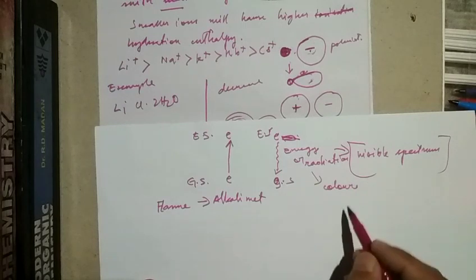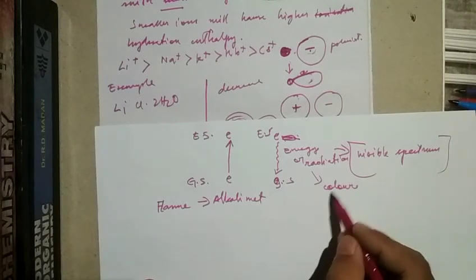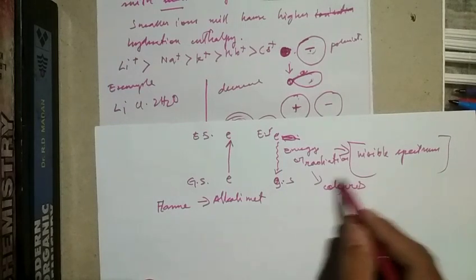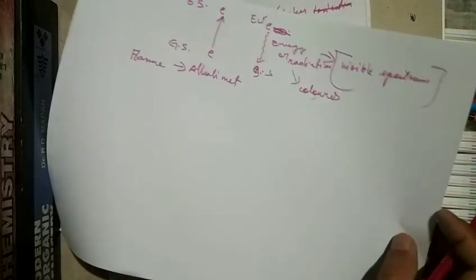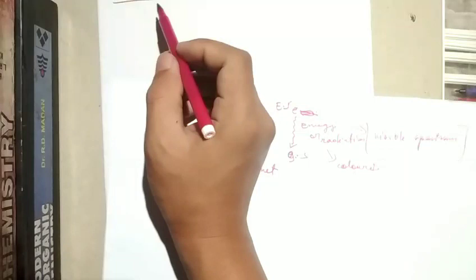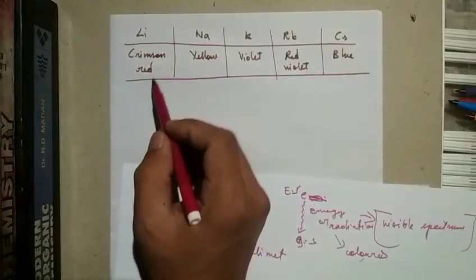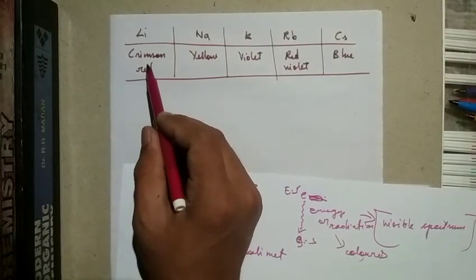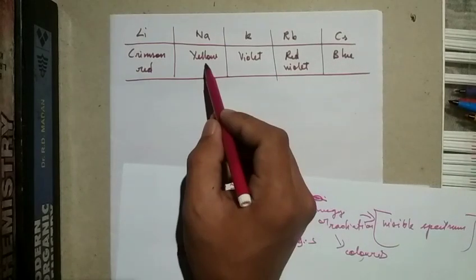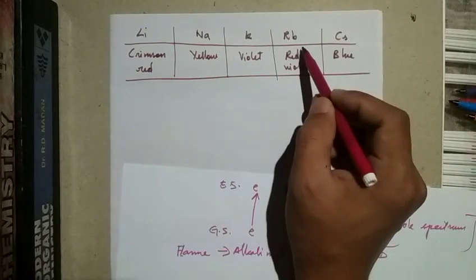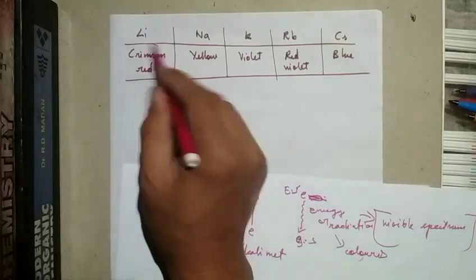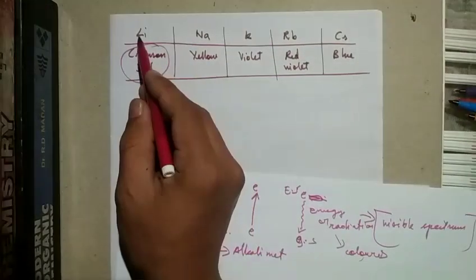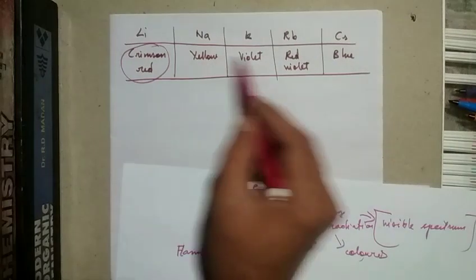Since they are in the visible region, we see colors, that is the reason. So lithium shows crimson red, sodium yellow, potassium violet, rubidium red violet, cesium blue. When we heat these elements, they show these colors.